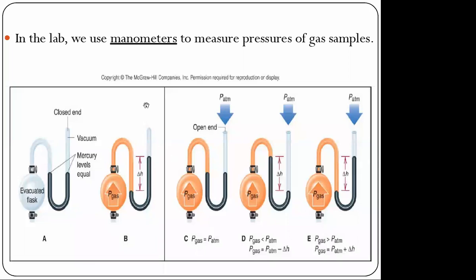But by the time you open it and you introduce pressure, the mercury will move and there will be a change in the height. The change in this height, from what you initially have to what you have newly, can be used as the measurement of your pressure.